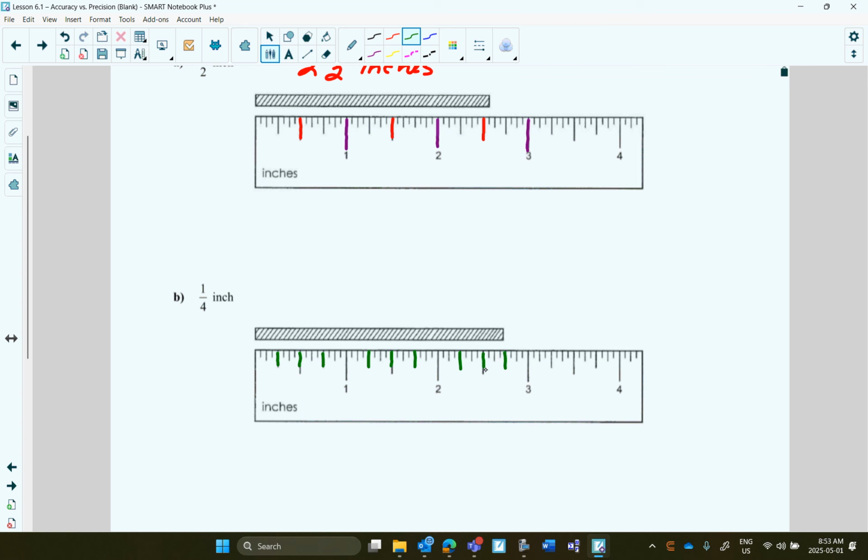Right? So between every whole inch, there would be 2 1/4, 2 1/2, or 2 2/4, 2 3/4, 2 4/4, which is 3. So what would this one be? 2 3/4. You can put that for short.